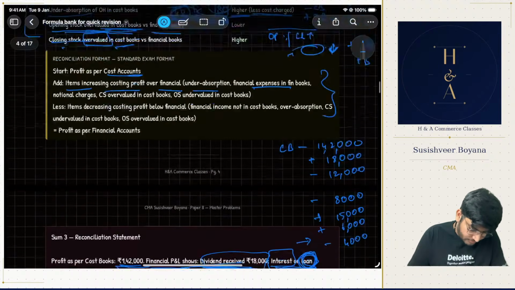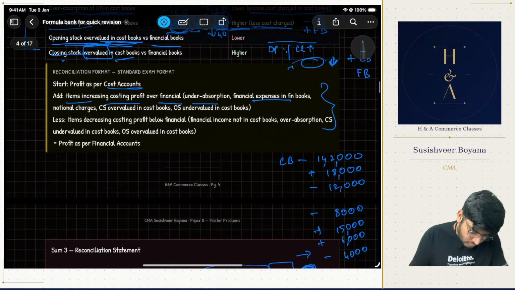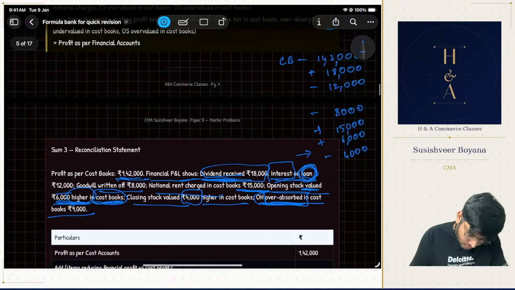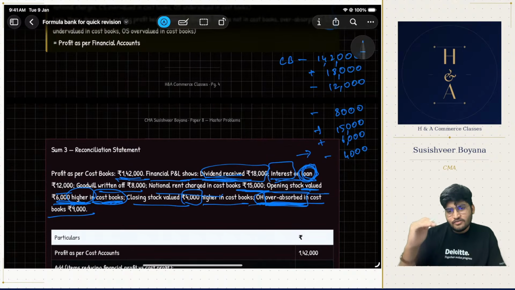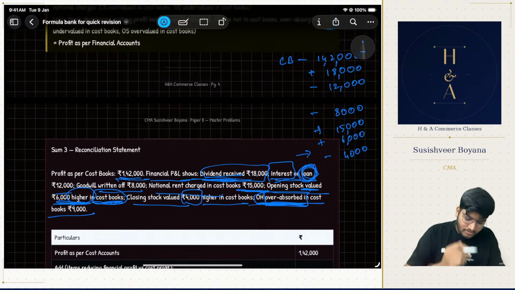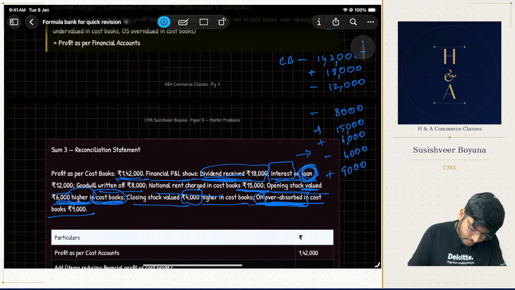I'm not talking about closing stock. Overhead is over-absorbed in costing books. That means we have overbooked an expense. Overbooked an expense means costing book profit is already reduced. So financial book profit is already higher. So we have to match from costing to financial. So we're gonna add 9,000.